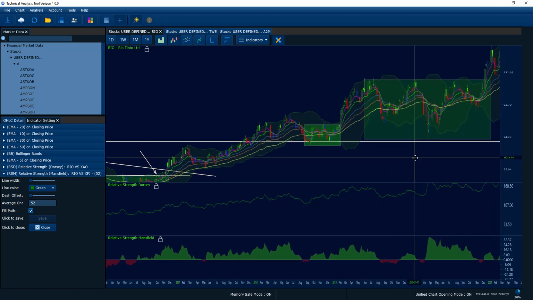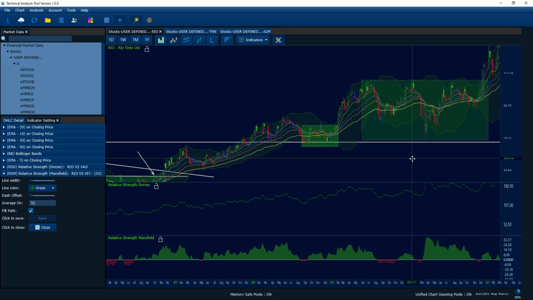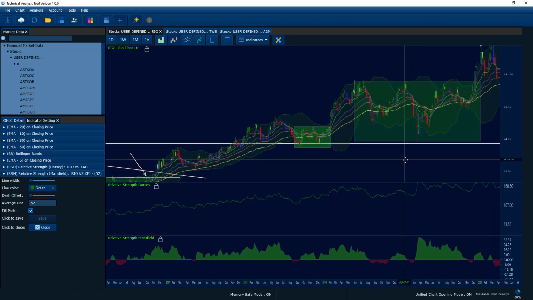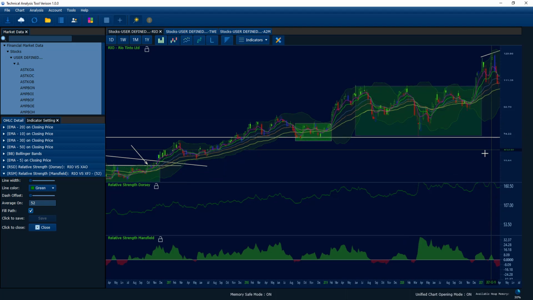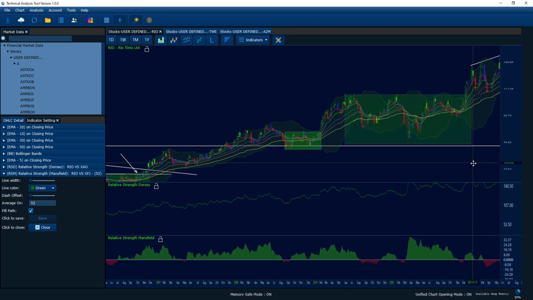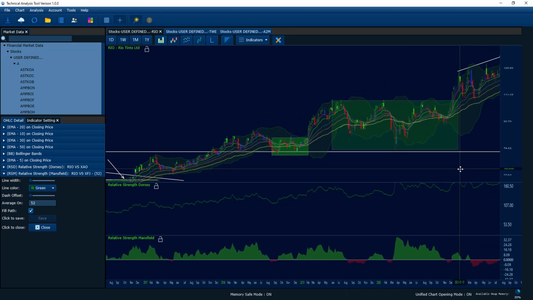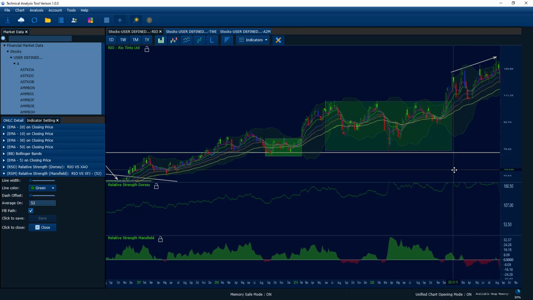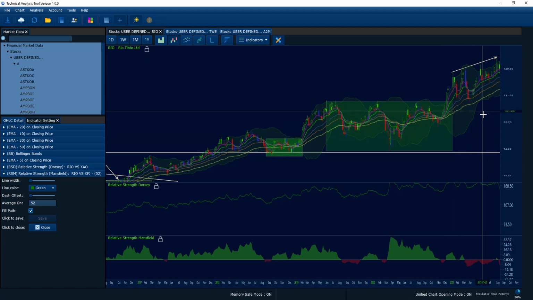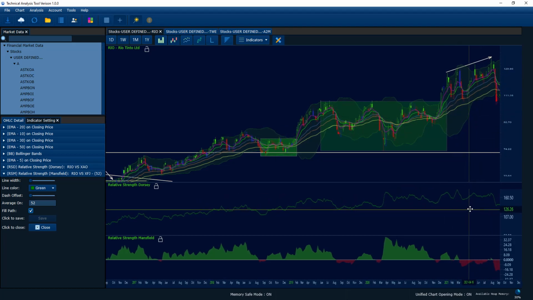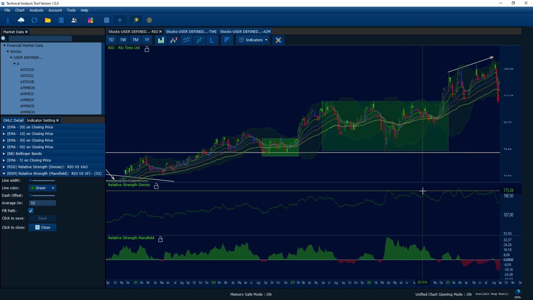If you see this kind of breakout, you can probably stay away from it a bit because you're not confident in it. As you can see, a couple of weeks later, the shape becomes like this because it does break out. If you look at this RSM, it doesn't create a higher high, which means a divergence happens.